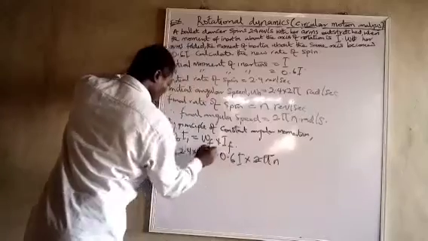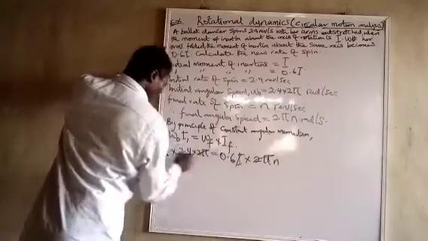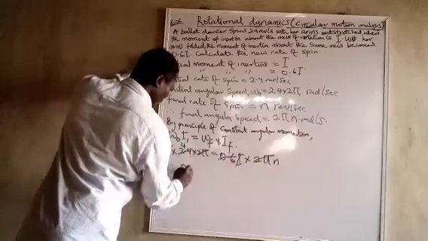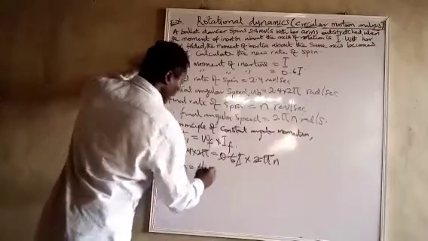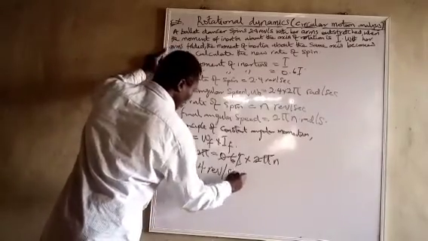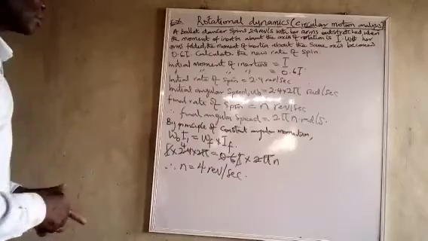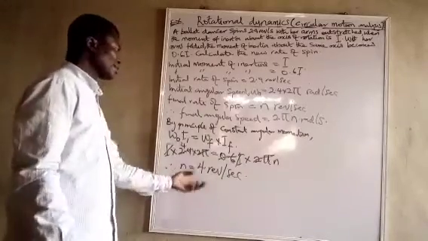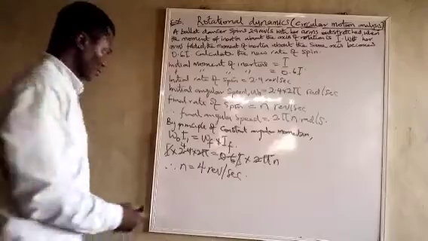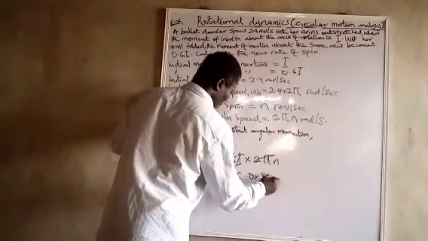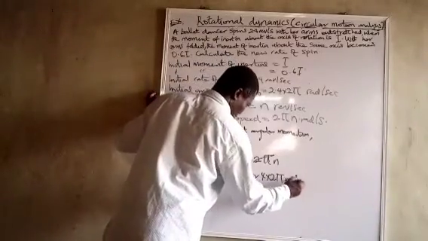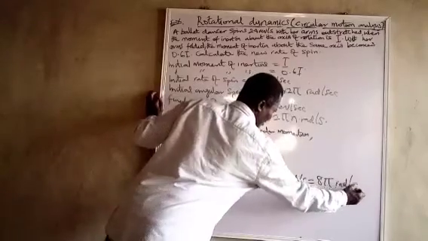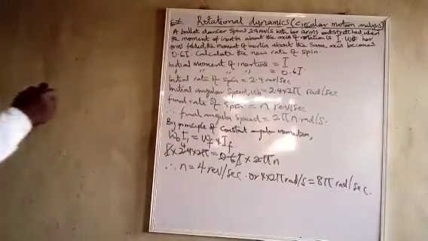So we can cut these common terms. Therefore, we realize that n equals 4 revolutions per second. So the new rate of spin is 4 revolutions per second, or 4 times 2 pi rad per second, which is 8 pi rad per second. So that is it.